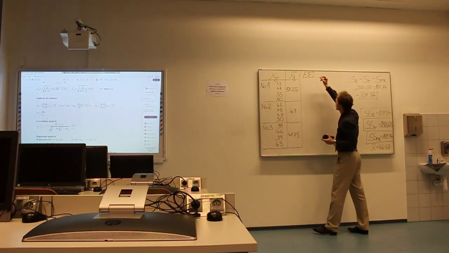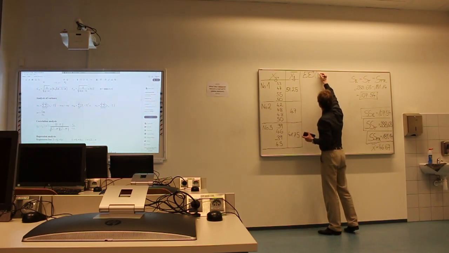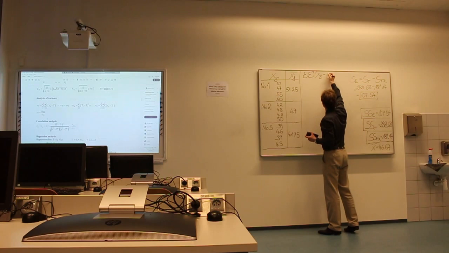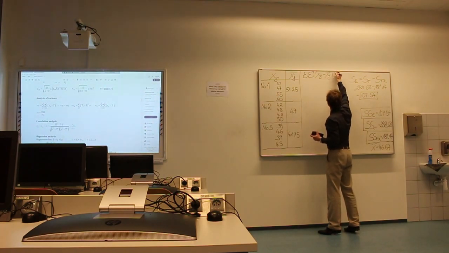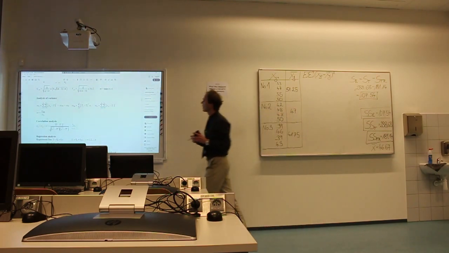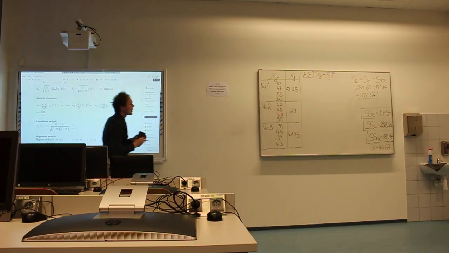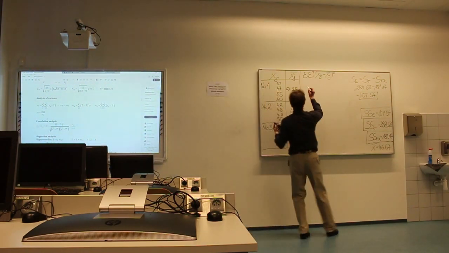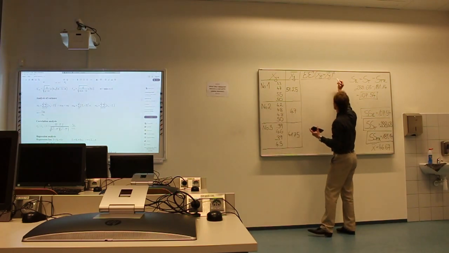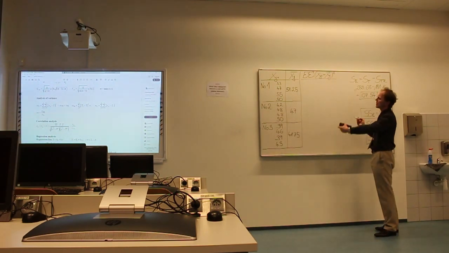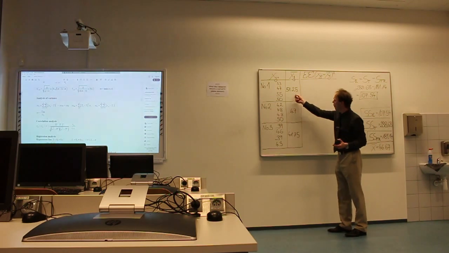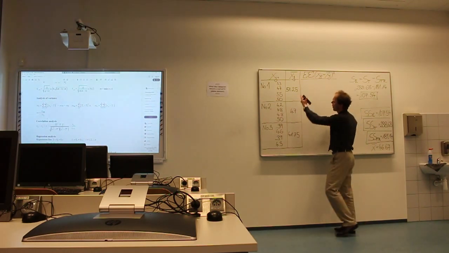Sum through all j, sum through all e, x_je minus x_j with stripe squared, yes? Okay, that's all. So we must remember that it's necessary to change the mean, yes? In all group, the particular mean for a particular group.